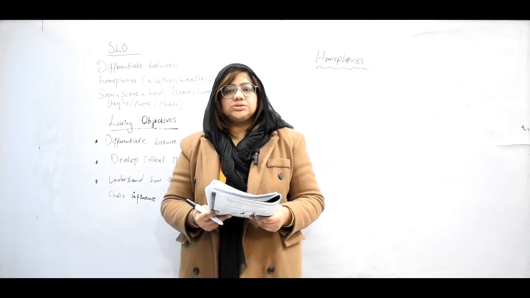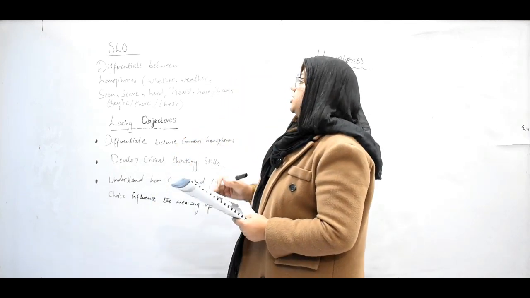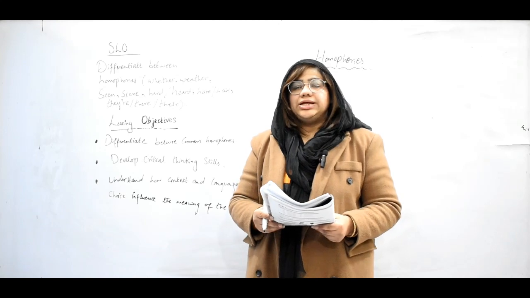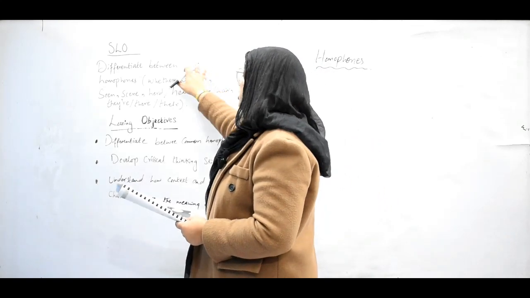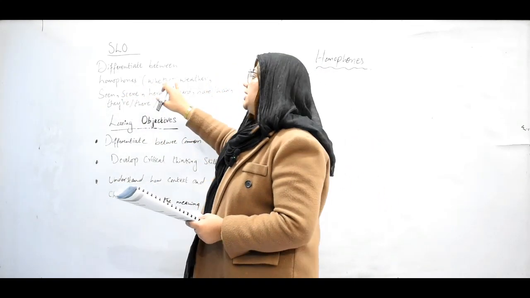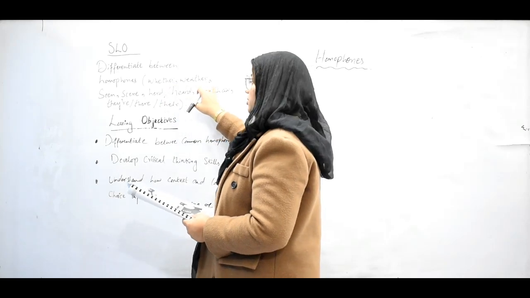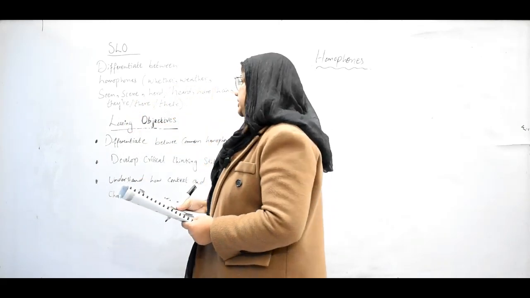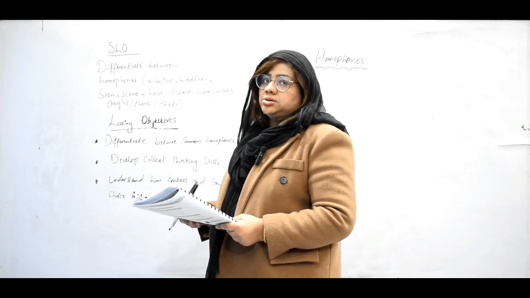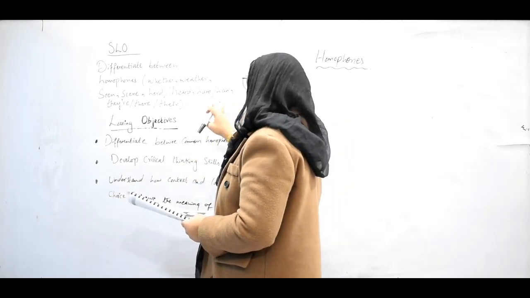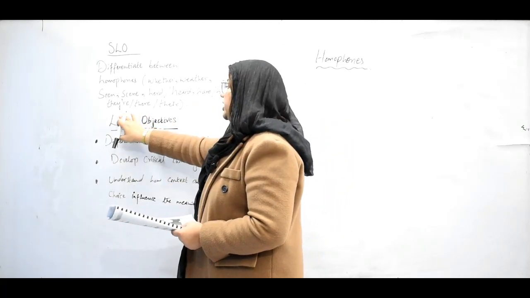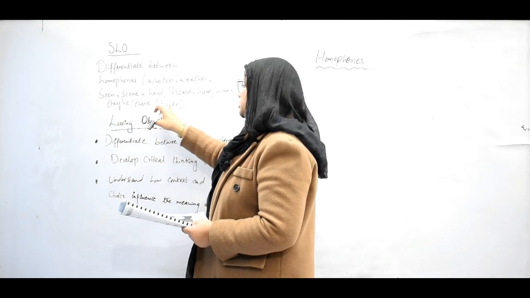Today, I'm going to discuss the learning outcome of today's lesson. Differentiate between homophones like weather and whether, seen and scene, heard and herd, here and hear, there and their.